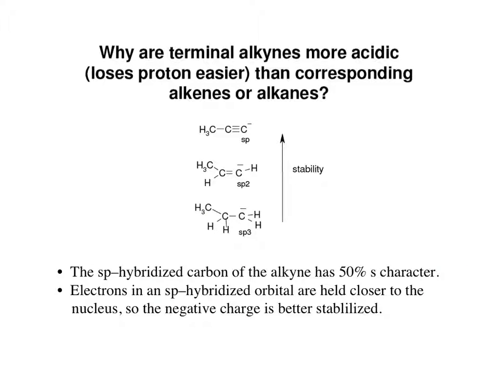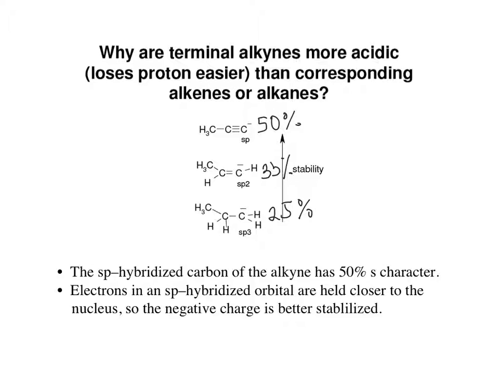Why are terminal alkynes more acidic than other hydrocarbons? It has to do with the percentage of S character. Recall that an sp orbital has 50% S character, while an sp2 orbital has about 33 1/3% S character, and an sp3 hybridized orbital has only 25% S character.